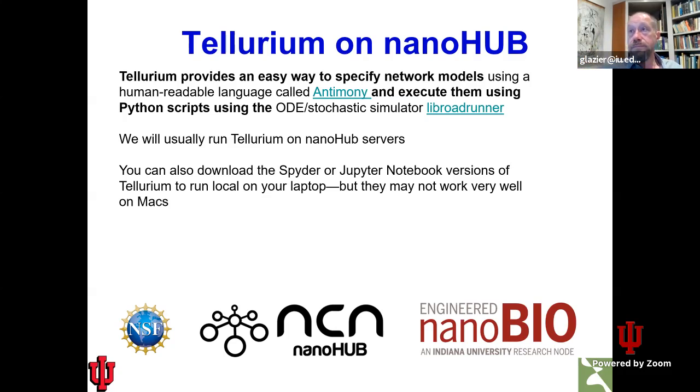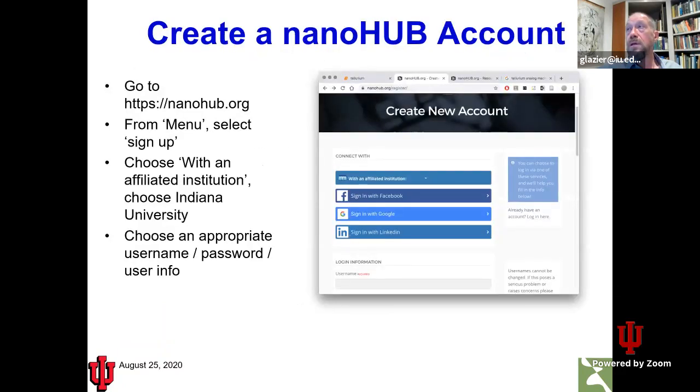And so the first thing we're going to do is, has everyone created a NanoHub account? Has anyone not created a NanoHub account? If you haven't created a NanoHub account, please do it right now because you're going to need it. So if you need me to wait and help you to create it, that's fine.